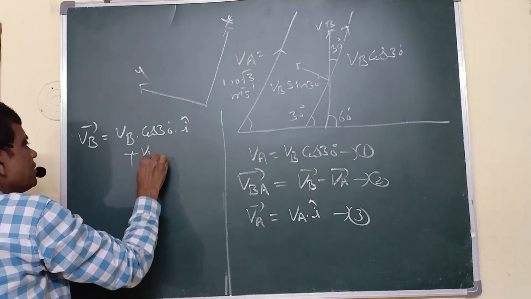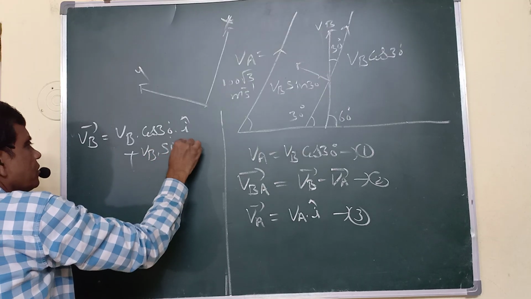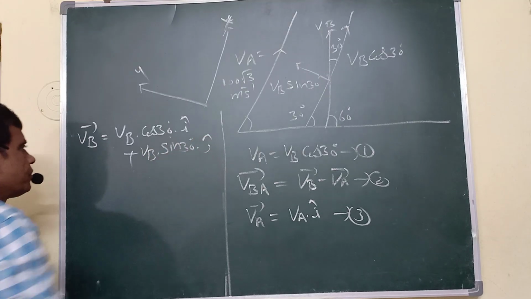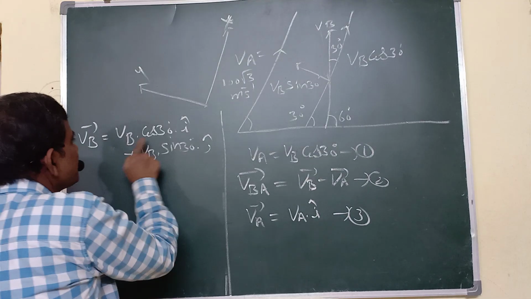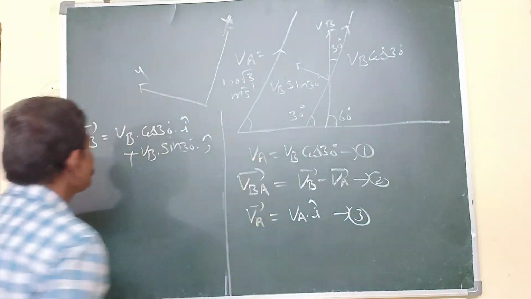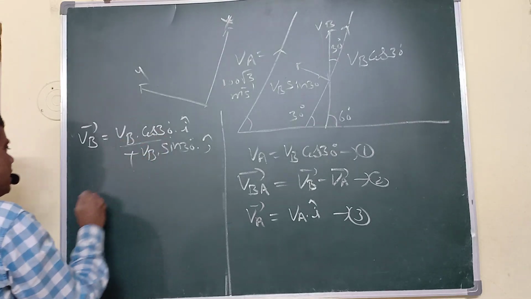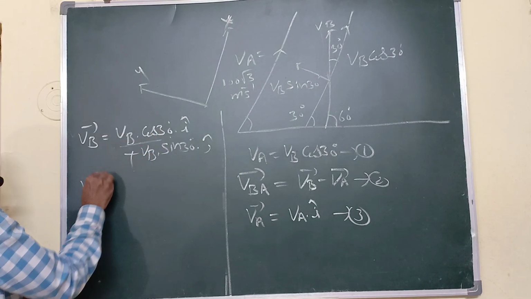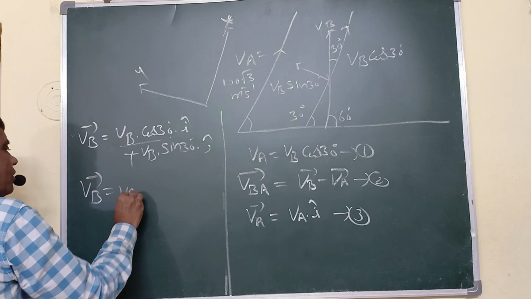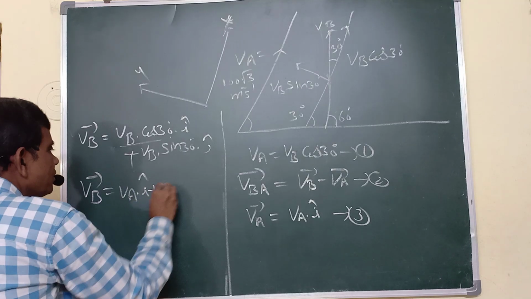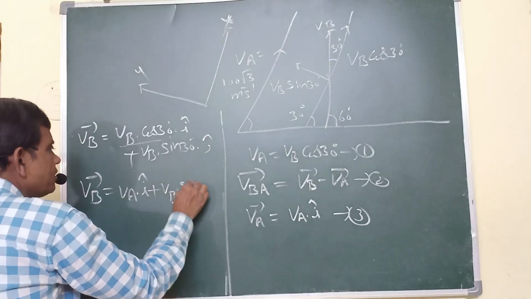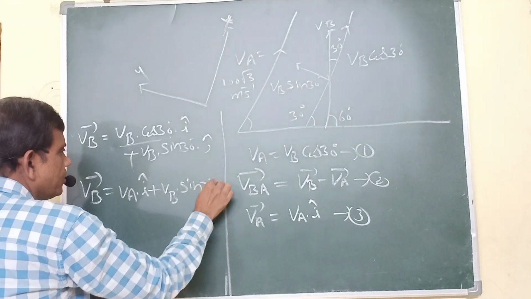VB sin 30 into J. That is VB. Here VB cos 30, you write this as VA. So VB equals to VA into I plus VB sin 30 into J.